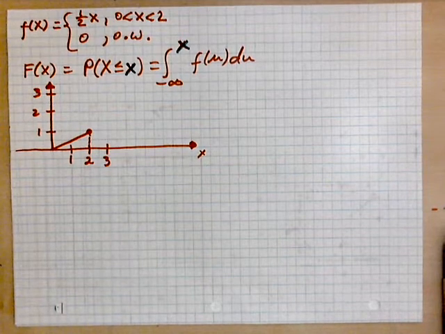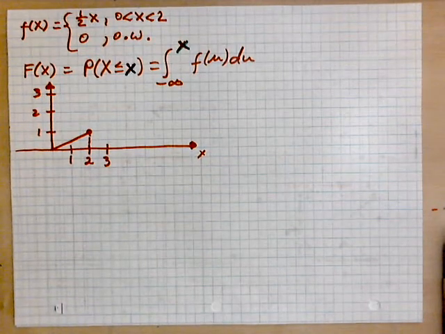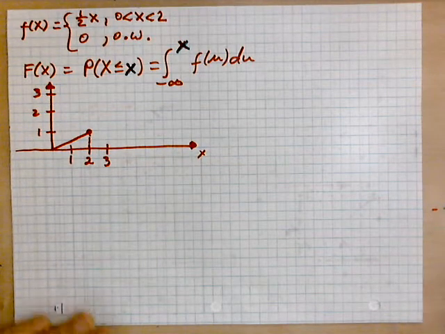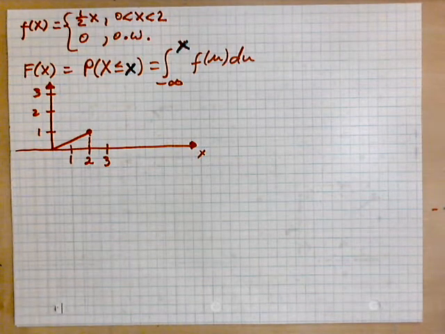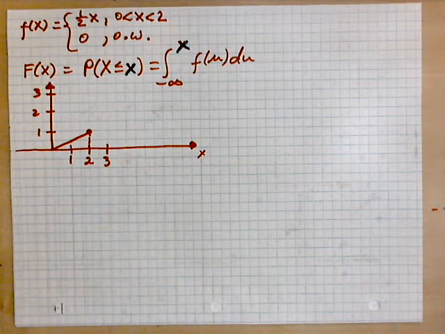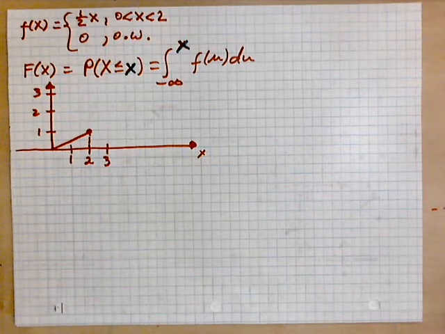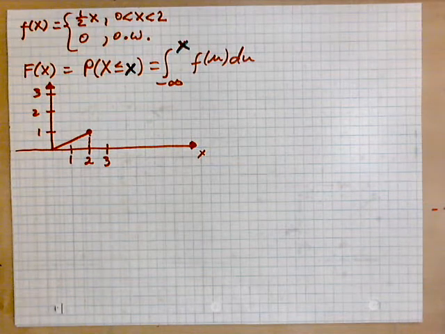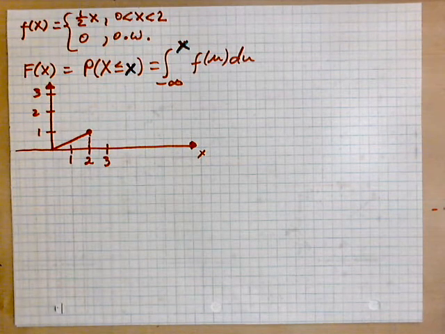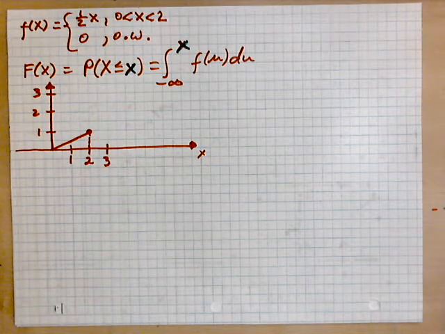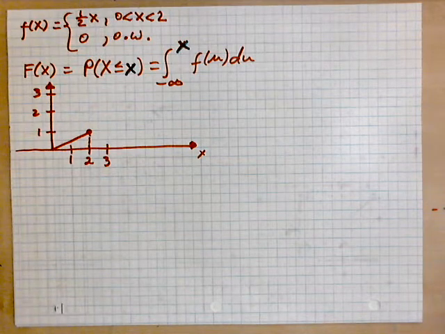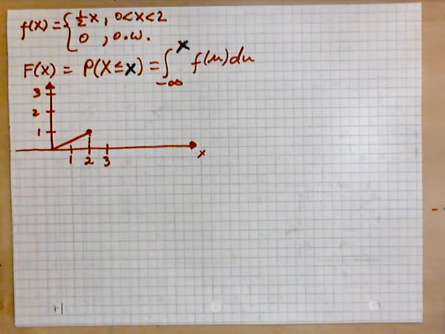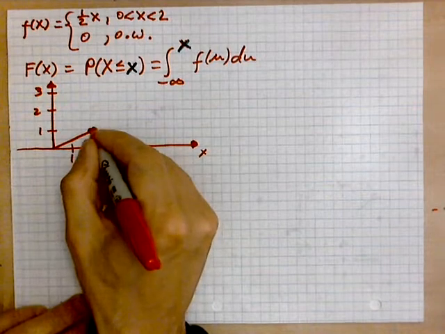Well, with this in place, the next step is to find the probability distribution function. And here I may want to put a hole here.